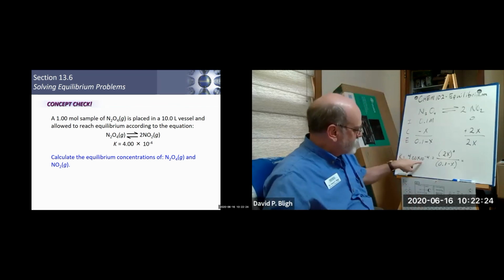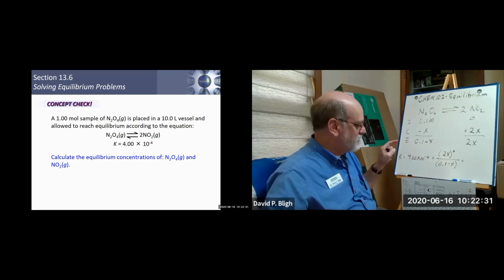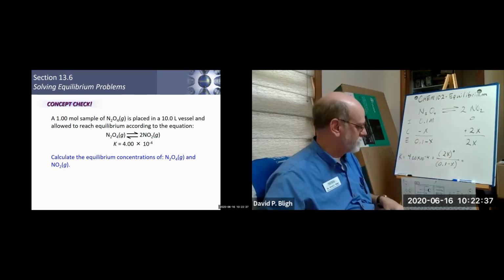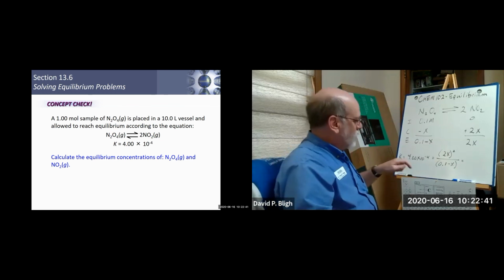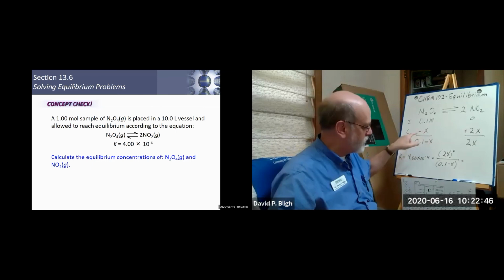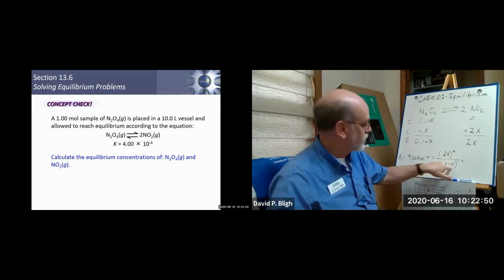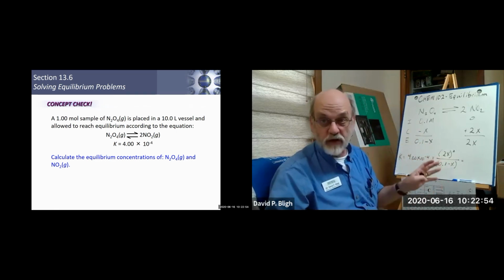Notice that if K is very small or very large, then the X term can be eliminated from part of our calculation. So we're not going to produce a whole lot of X, which means we're not going to lose a lot of X here, which means X is extremely small compared to 0.1. X is so small, we could ignore it.